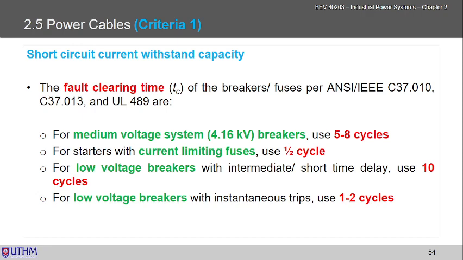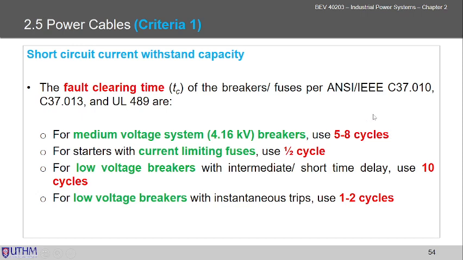If 5 cycles, it means 5 times 1 over 50 second. If 8 cycles, it is 8 times 1 over 50 seconds. This is calculated in seconds, so you can transform it into seconds.